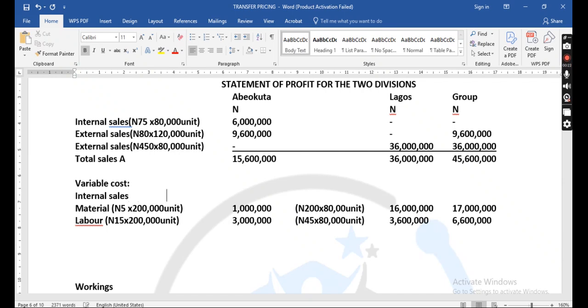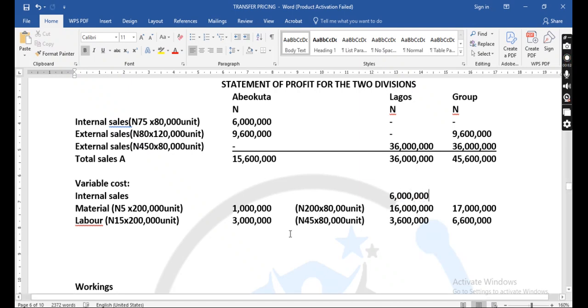You sell to internal at this, so Abeokuta will recognize this as revenue and it will become a cost to Lagos. So what is the cost? 6 million.